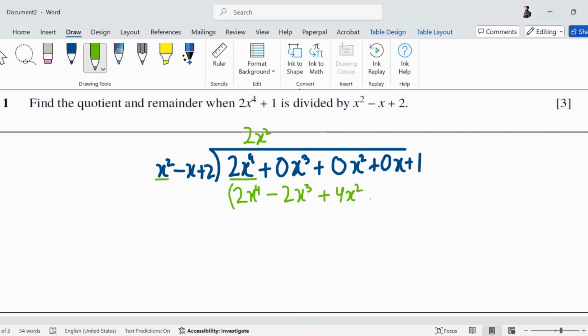And now when you subtract them, this will cancel out. 2x squared multiplied with 2, you get 4x squared. This will become 2x cubed positive because minus minus, and this will become minus 4x squared.